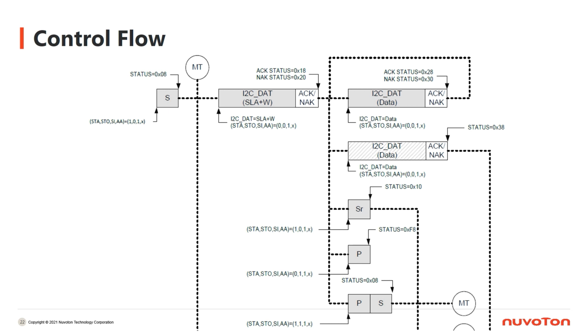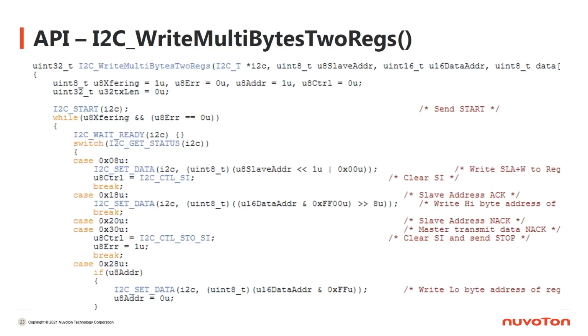The I2C controller can also decide what to do according to the status register. This is part of the EPROM data accessing code. From the source code, you can see more clearly that it will trigger different actions according to different status codes.